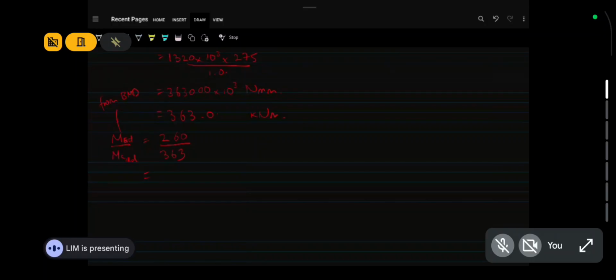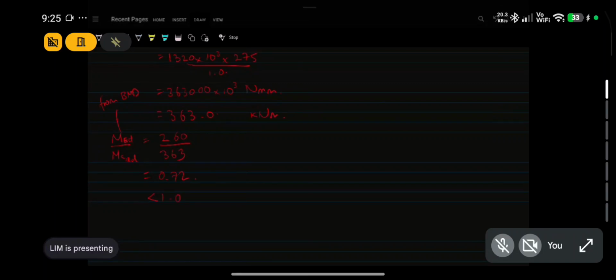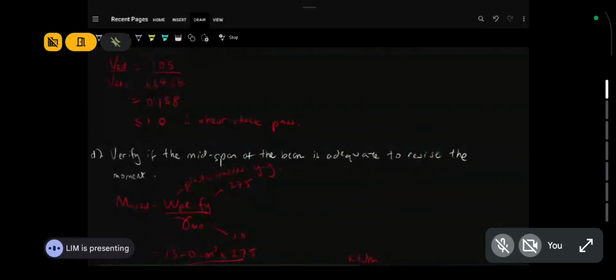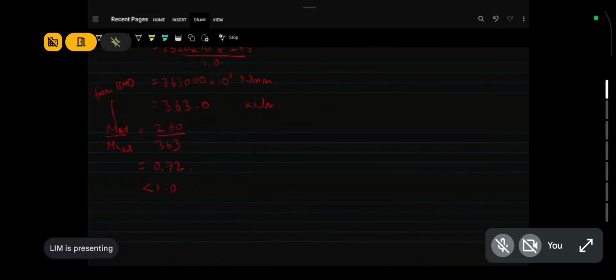So you divide the two, is it less than 1? 0.72. Less than 1. Therefore, moment check pass.